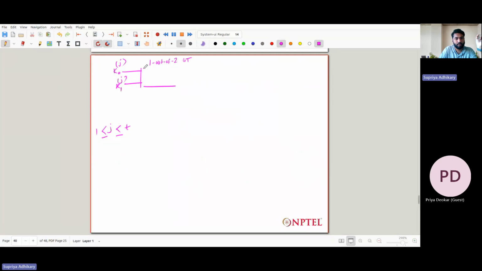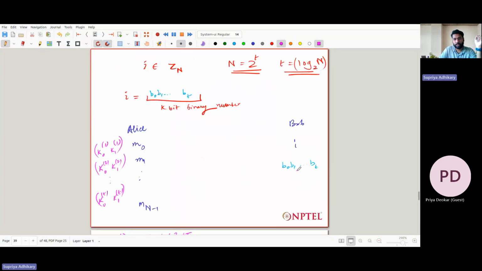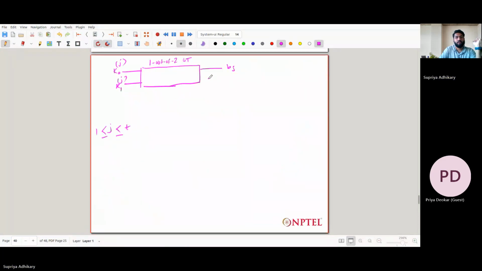So this is a 1 out of 2 OT. And over here, Bob inputs Bj. So Bob has these t many inputs, B0 to Bt. Using this 1 out of 2 OT, Bob can only get K_Bj.